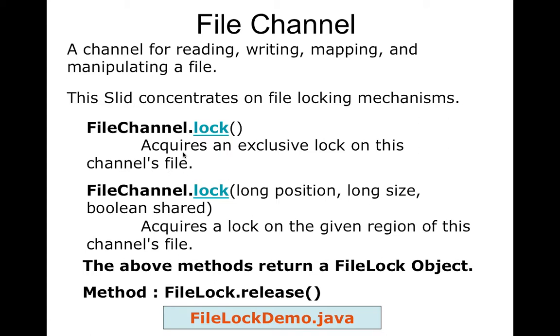So why do we need a lock? Because when more than one process or more than one thread is trying to access the same file and write to it, we need to have both the saves, right? If I save the data and you save the data, I want both to be there. I don't want it to be lost, or I always want to see the latest version of the data before modifying it.